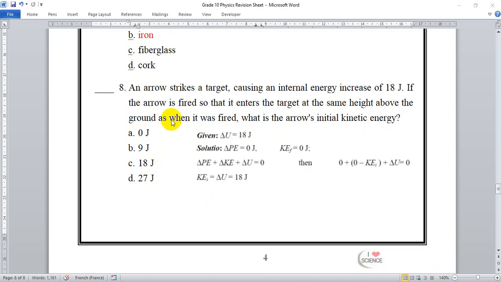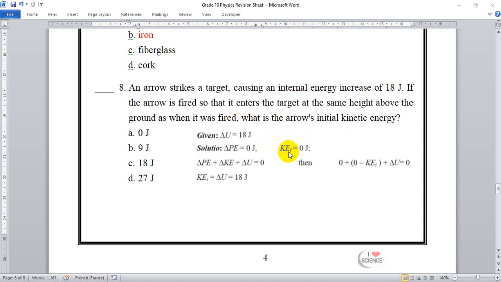As you can see, this arrow increases the internal energy by 18, so delta U equals 18 joules. Delta PE equals 0, the same height. The change in potential energy equals 0. And what is the arrow's initial kinetic energy?